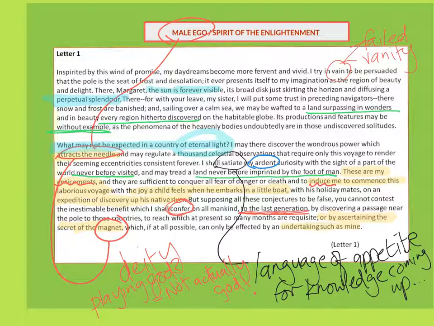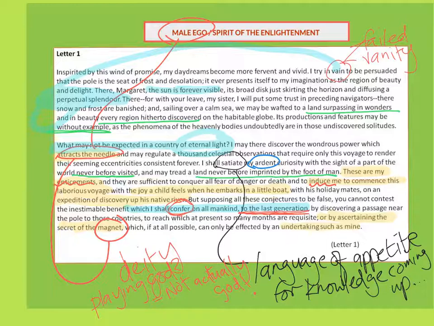So take that idea of perpetual splendour and vanity that we've mentioned, and all mankind will be grateful to me, to the last generation. So we'll definitely get into the idea of maybe Robert Walton wanting to be held in perpetual splendour for his legacy and the impact of his discovery on mankind until our last days.